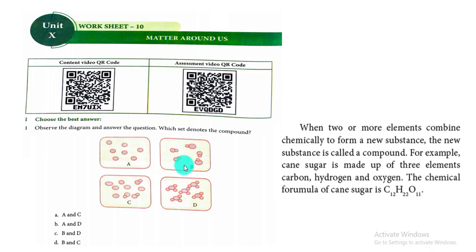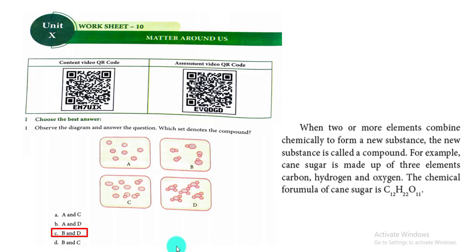Only certain elements are combined here but others are left free, so leave it. Then come to this part, three elements combined with another element, and you may have a compound here. So only B and D will give you the correct choice.